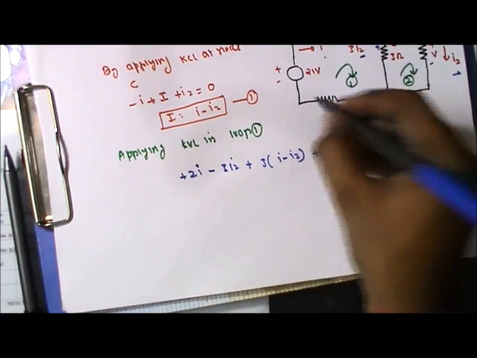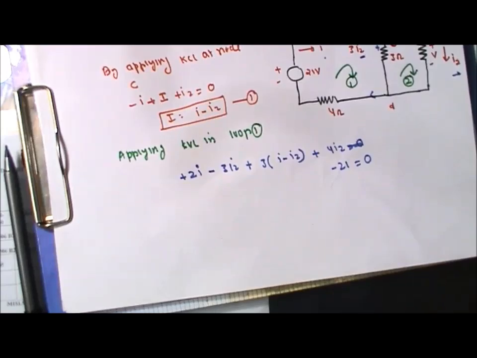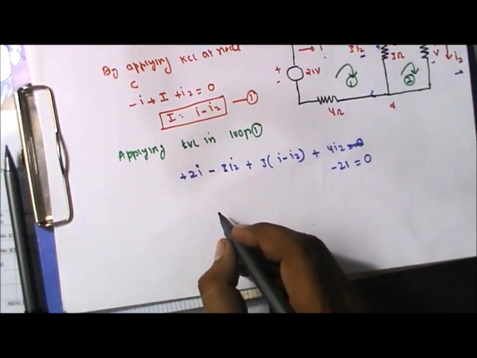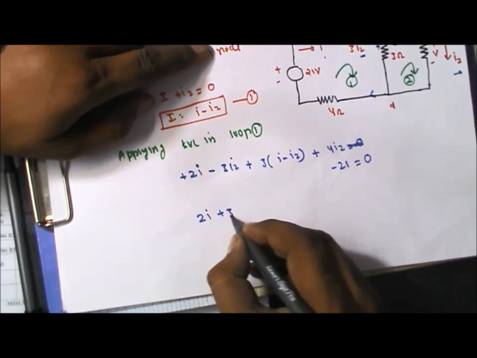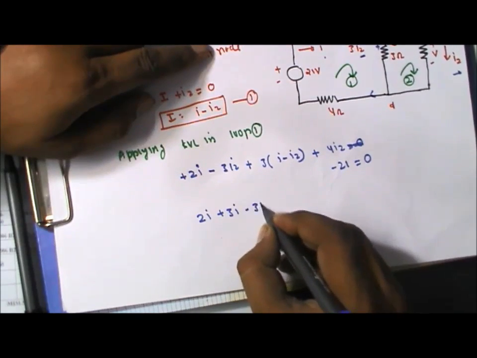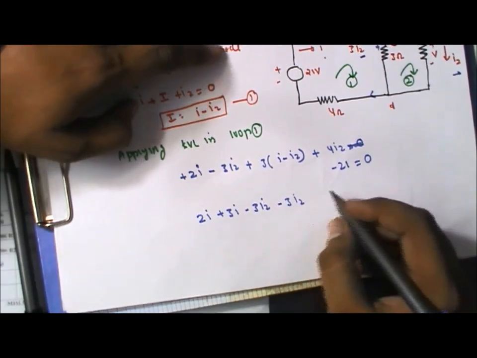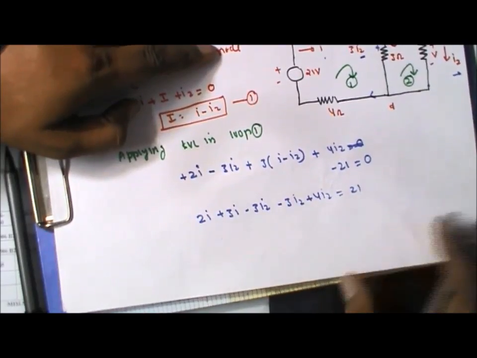So we can say that, and the minus 21 should be equals to 0. We can solve it out. Let us suppose this is 2I like this, plus 3I minus 3I2 minus 3I2 plus 4I2 should be equals to 21.